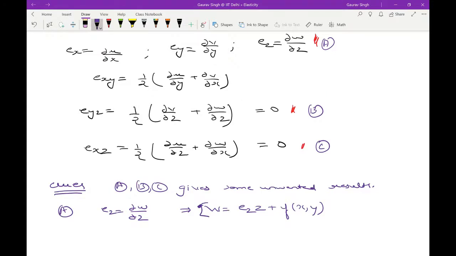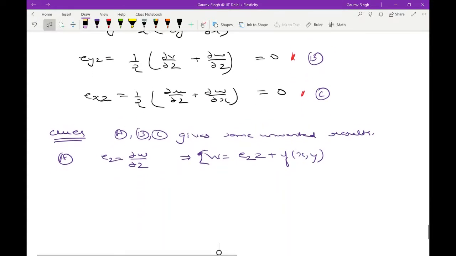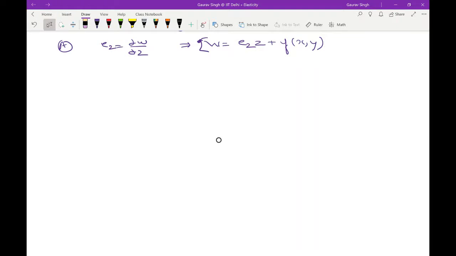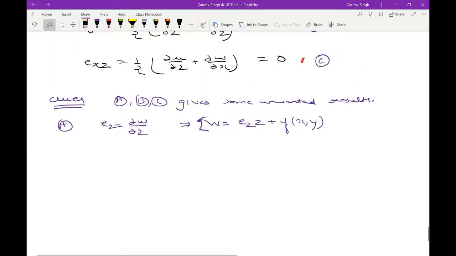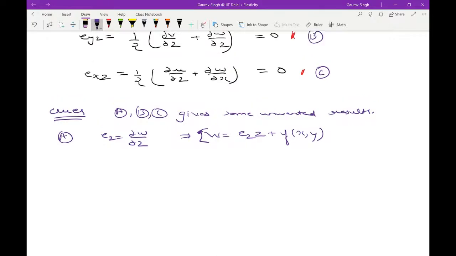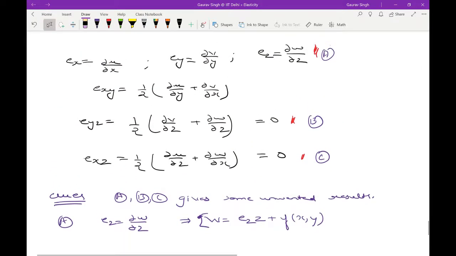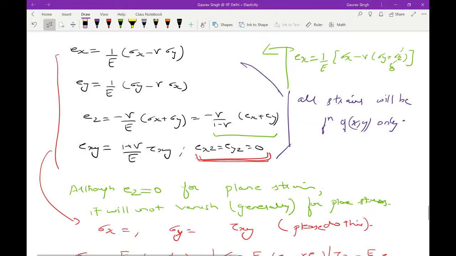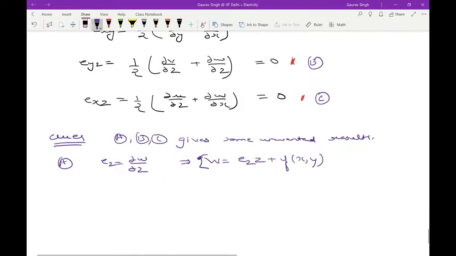Now if you look at this expression over here, this one, εz is equal to minus ν by 1 minus ν times εx plus εy. Let's see this as εz is equal to minus ν over 1 minus ν, εx plus εy.